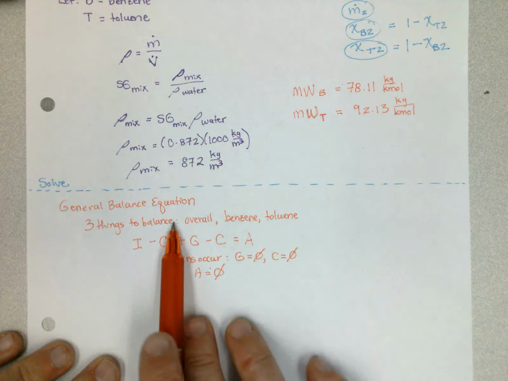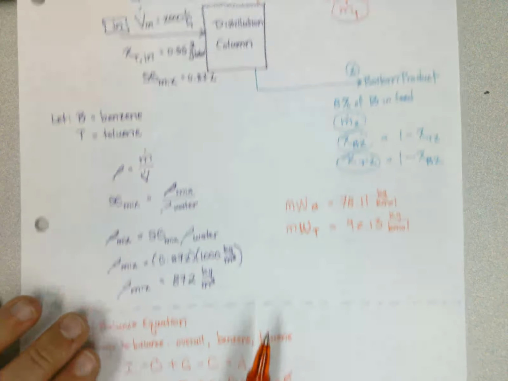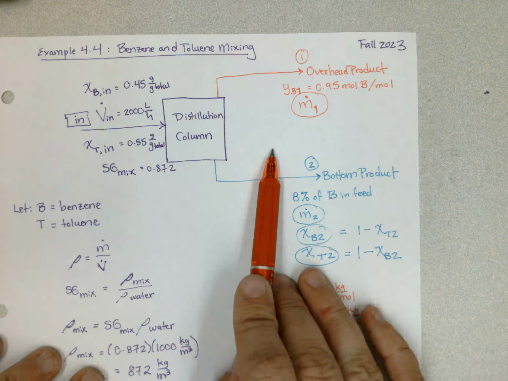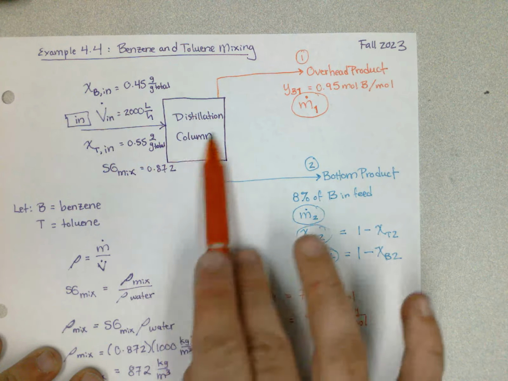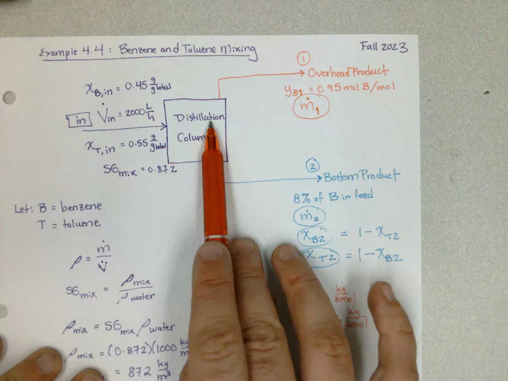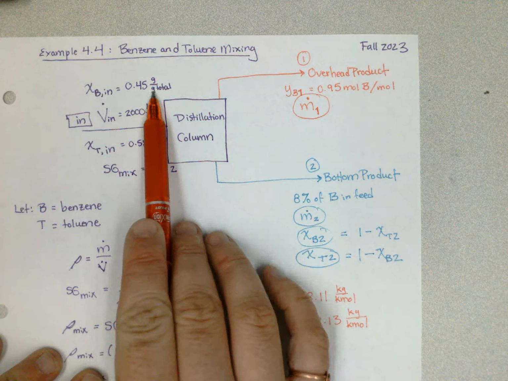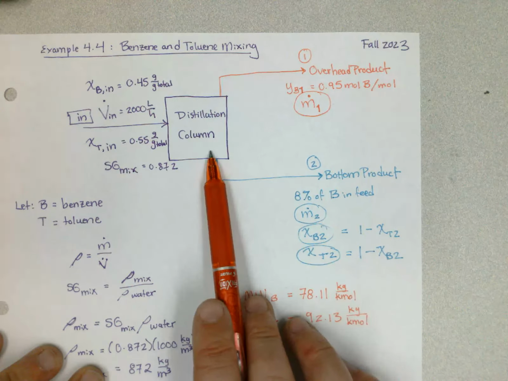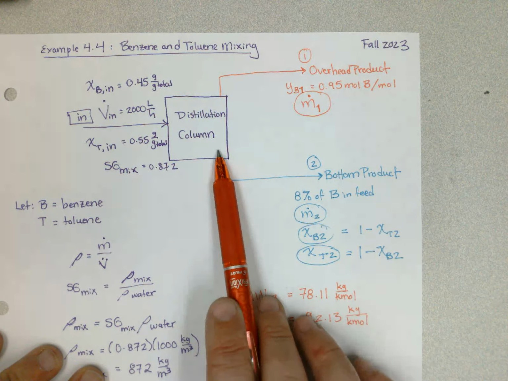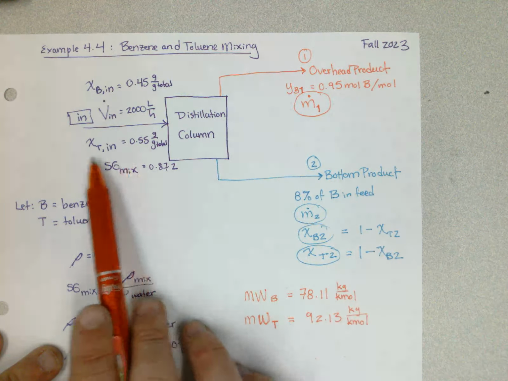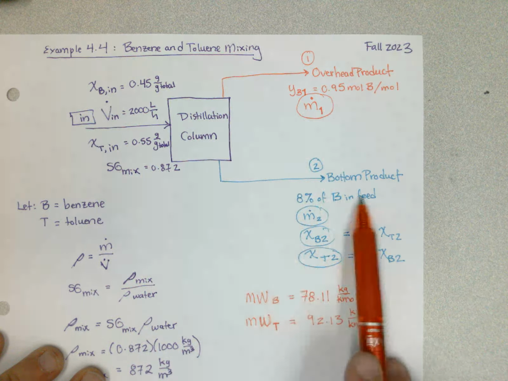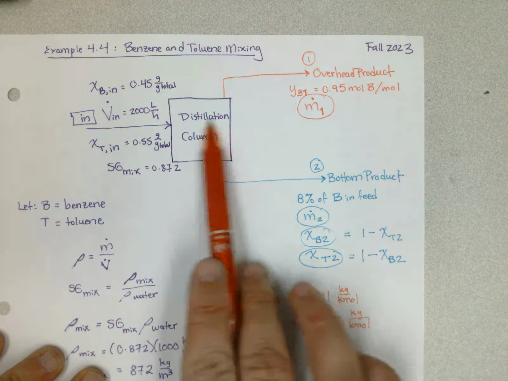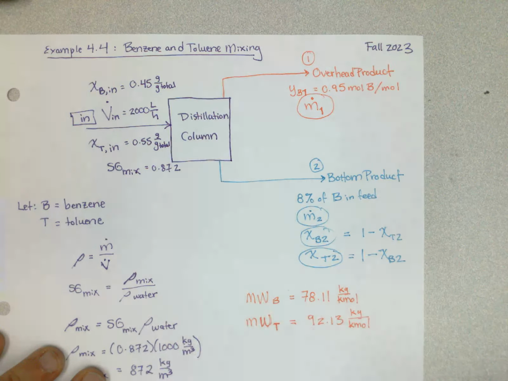Okay, now let's check and make sure that that's true for everything. So in terms of the overall system, there's nothing that's accumulating overall in the distillation column. So that's good. In terms of just benzene, there's benzene in the input, there's benzene in the two outputs, but there's no benzene being generated or consumed or accumulated. And then let's check toluene. Toluene comes in, toluene comes out, but it doesn't accumulate inside here. There's no generation or consumption.